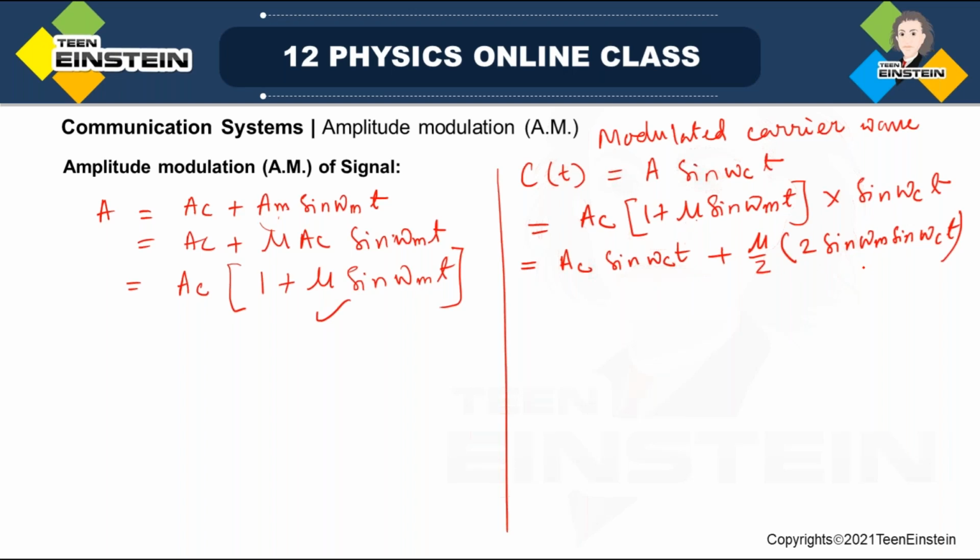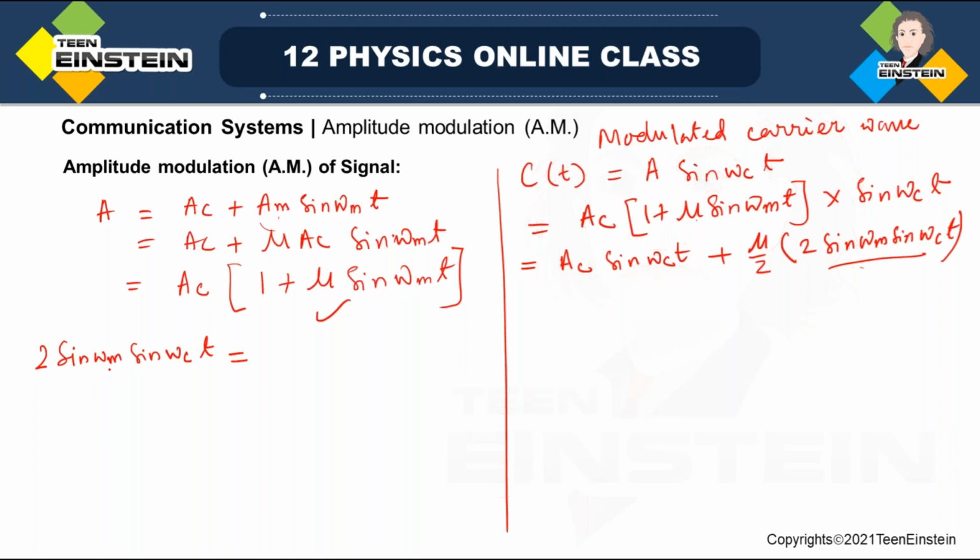Why? Because we can use a trigonometric identity, this one: 2 sine a, let me write this itself, sine omega m and sine omega c into t.